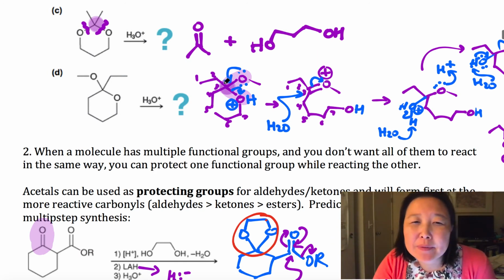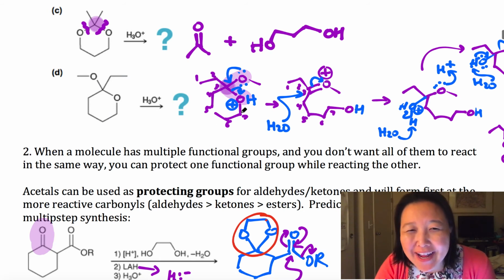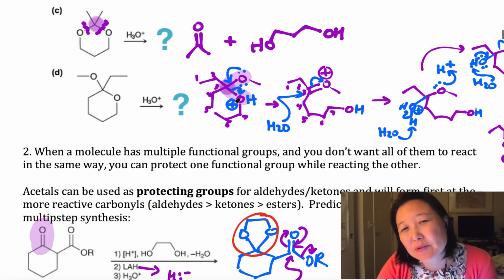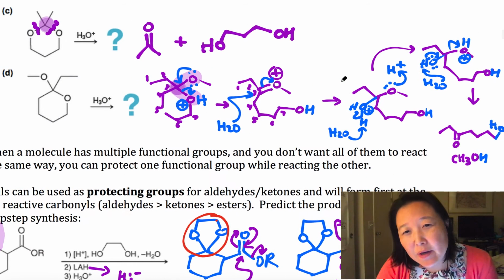So then, once the ring opens up, I did some numbering here just so you could keep track. 1, 2, 3, 4, 5, 6, 7, and then the OH group over here on the end. All right. So I need water to come in. This is H3O plus, so there's water there. I can break that open.